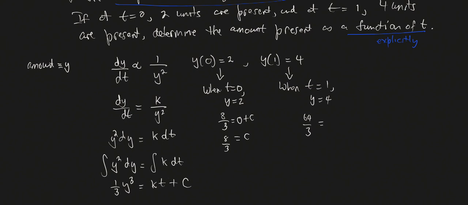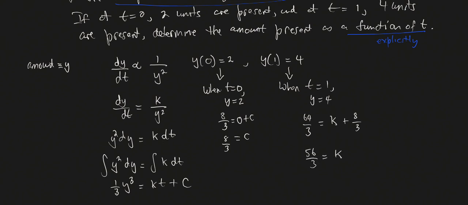Now, when t is equal to 1, we don't eliminate the k, which is good because we want to solve for k. And then we now know what c is. c is 8/3. So we have plus 8/3. And then subtract 8/3 from both sides. So what do we have there? 64 minus 8. So that is 56 over 3 is equal to k.